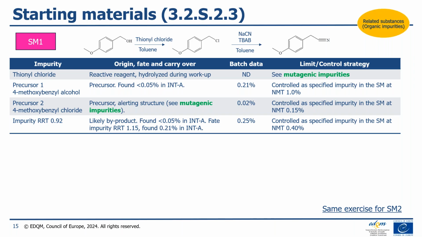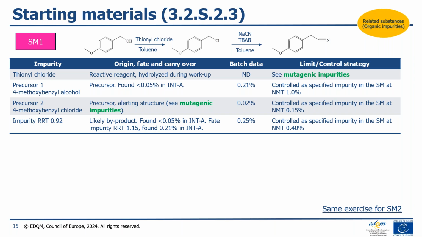So control to a higher limit is acceptable. The paramethoxybenzyl chloride presents an alerting structure, so it will be discussed as a mutagenic impurity. And for this, even if it's found as a trace in the starting material 1, setting a specification at not more than 0.15 has been chosen, and we will see later on why.